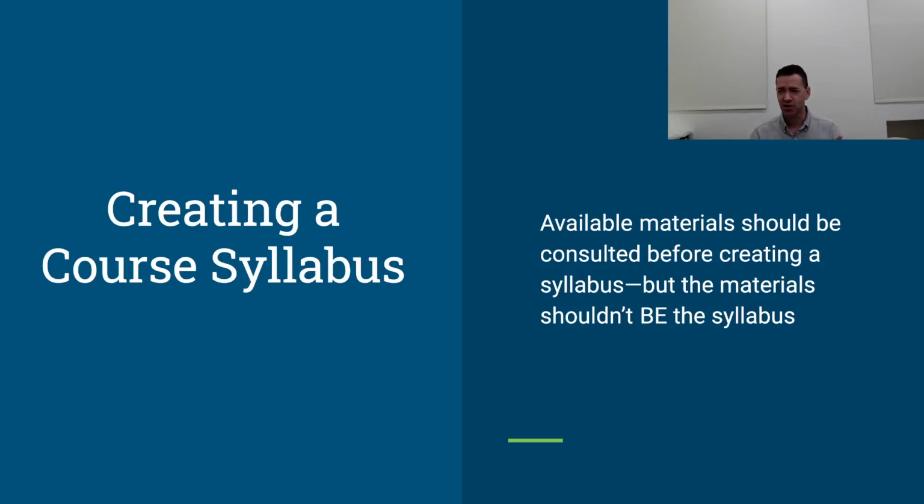Your textbook should never be the syllabus, and a lot of teachers will do this. They will just look at, okay, my textbook is 80 pages long or however many pages. How many days of class do I have? Cut it, okay, so that means 2 pages per class, and then all of your planning is done like that. This is totally the wrong way to do it. You need to make your plan first and then go to the materials and see how they work together.